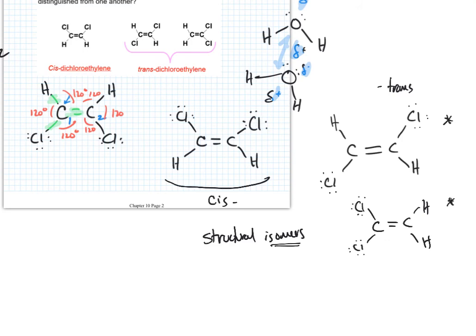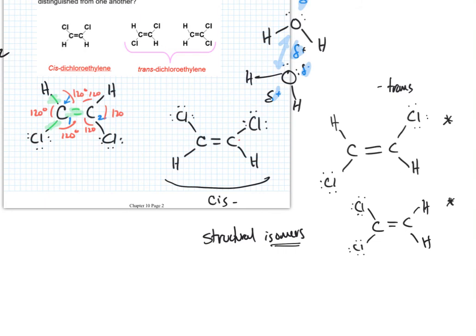All right, so how can we tell these guys apart from one another? Is there a way we can tell them? I'm going to erase this. Okay, that didn't work. How can we tell these guys apart from each other? Well, we're talking about polarity here, so let's take a look at this.